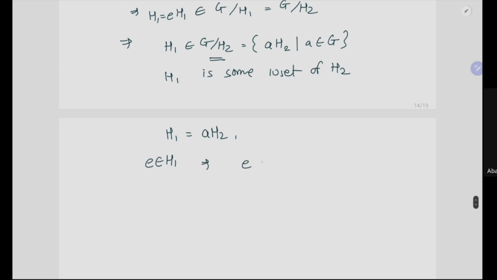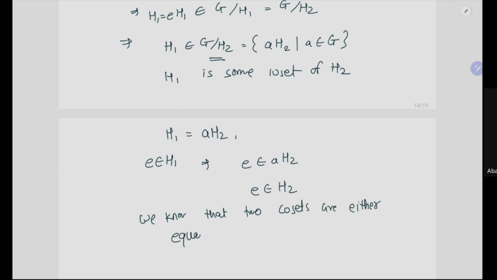So E is also in AH2. But note that E is also in H2. And we know that two cosets are either equal or disjoint.